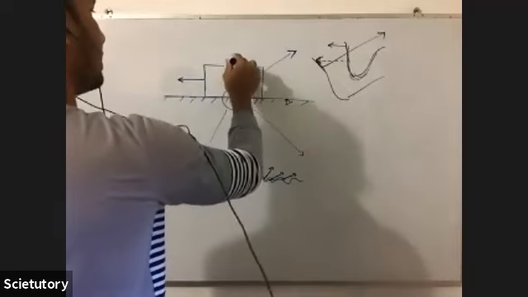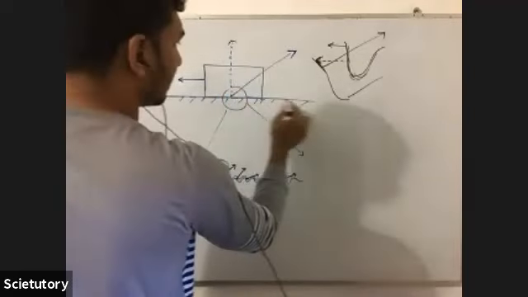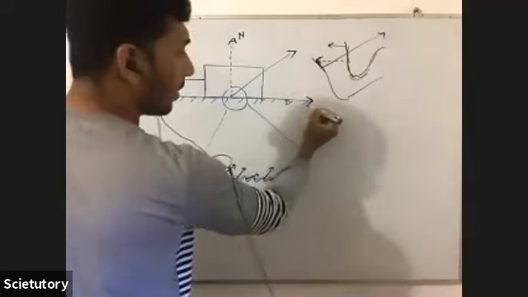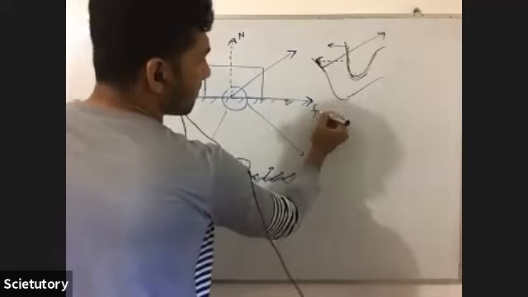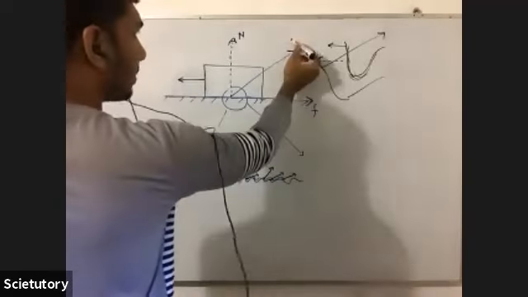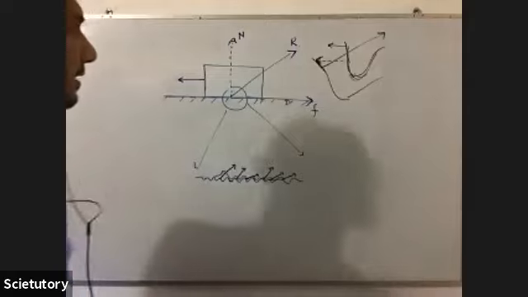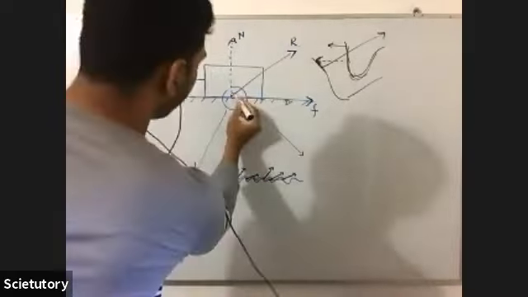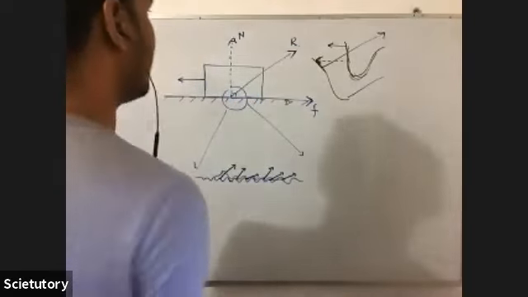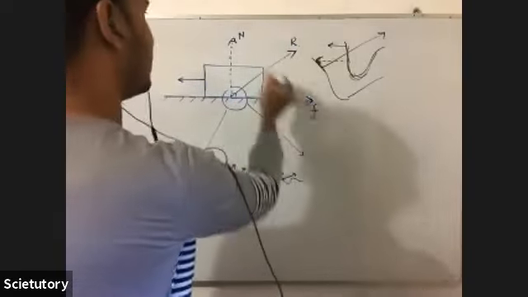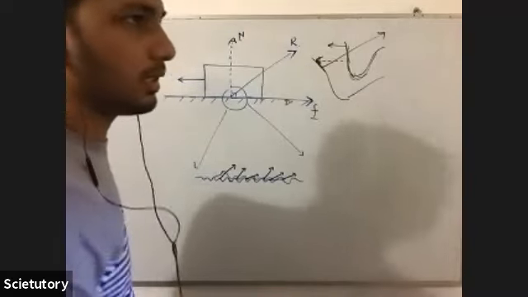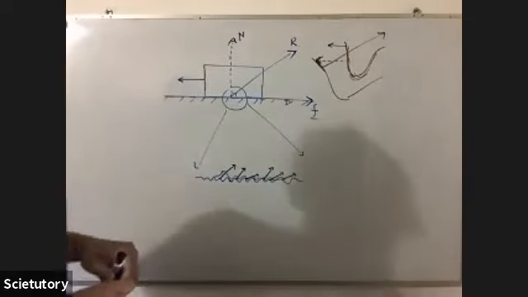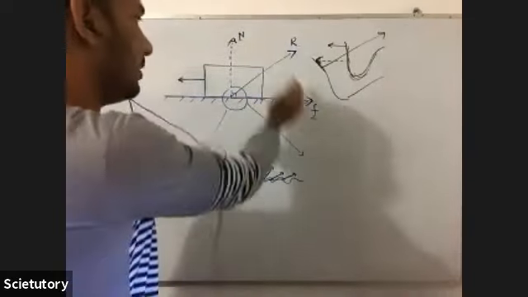This is called normal reaction, and this is called friction, and this is called resultant reaction. Normal reaction is perpendicular to the surface. Resultant is not like that. Resultant is the resultant of F and the perpendicular reaction. So you can determine the direction of R using these two forces.